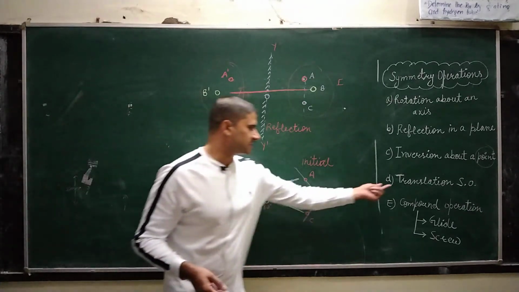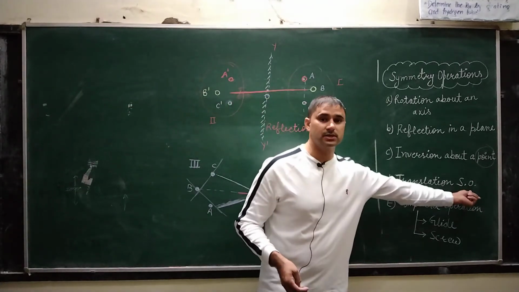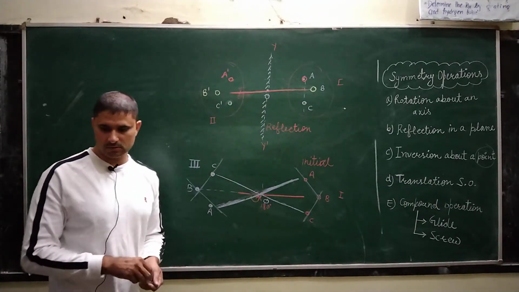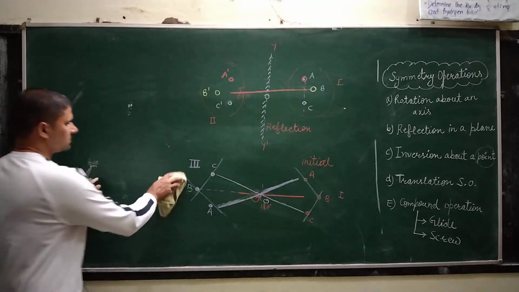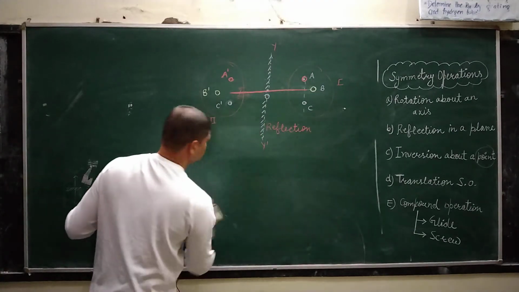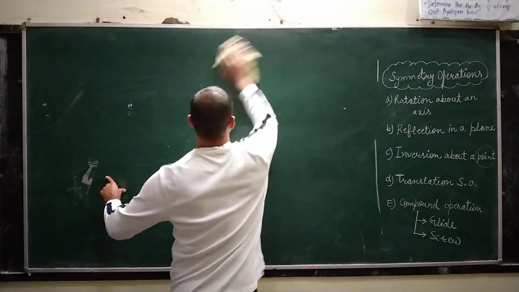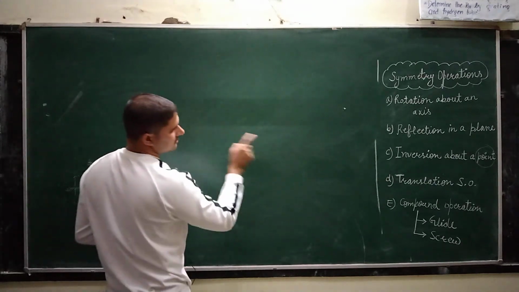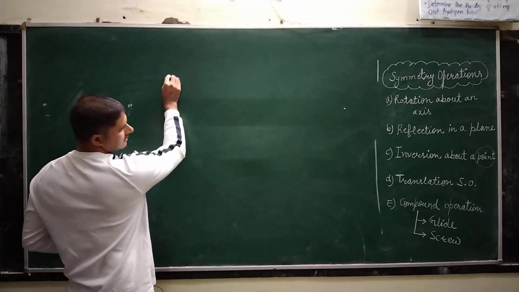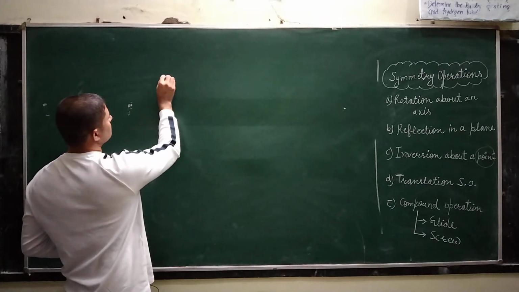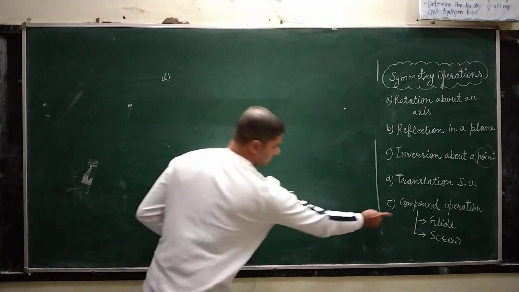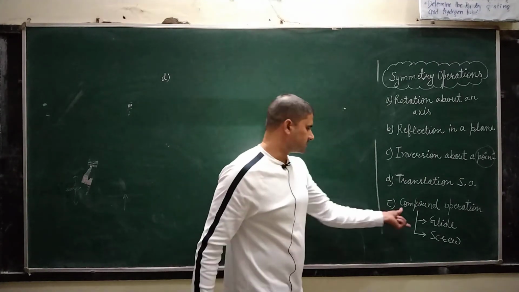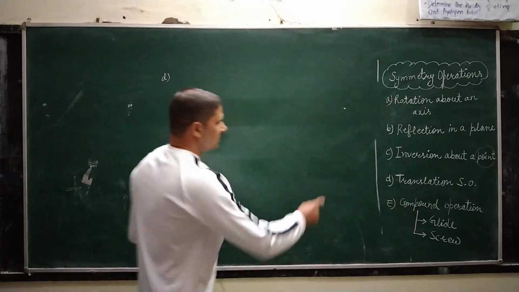Class, one more operation is there, that is the translation symmetry operation, and you will see how it is different from the rest of the operations. See here, the last operation, that is translation. We have discussed the compound operation, which is a combination of the two.